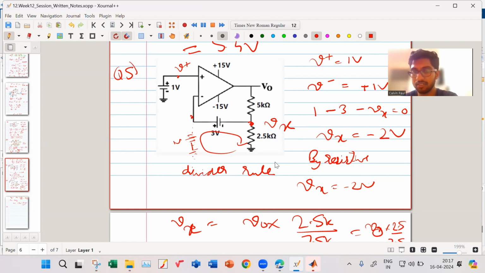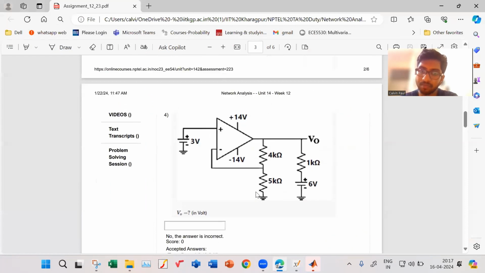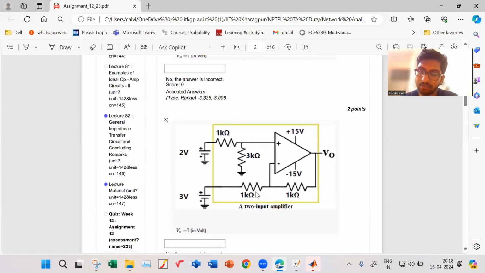Sometimes, in the previous year when I conducted NPTEL sessions, I used to give a brief recap. First we did the resistor divider and got the potential at V plus.